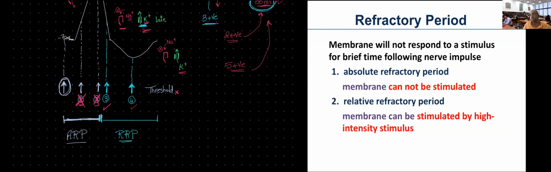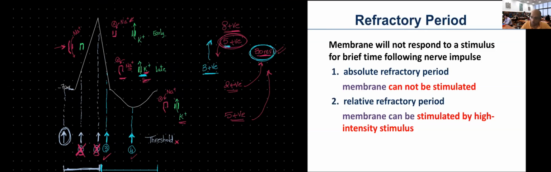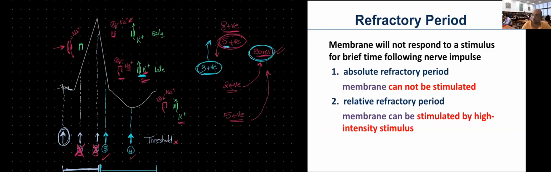It's relative. Yes, I will respond, but to a stronger stimulus, not to a threshold stimulus. I won't respond to a threshold stimulus. Again, why? Because I need to substitute the loss of positively charged ions I am losing, leaking potassium out.